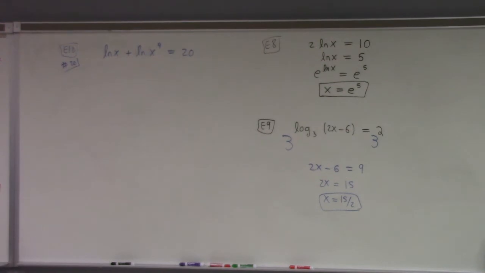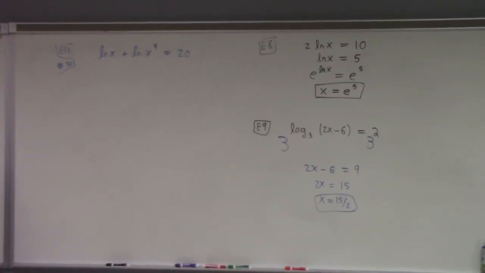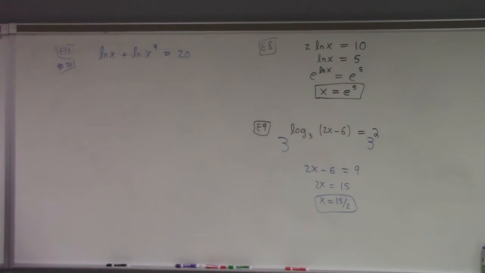How do you solve this? So before this, in the last two problems, we've had success if we were able to rewrite the equation as a single log equal to something, right? Can you rewrite this so we have a single log equal to something?